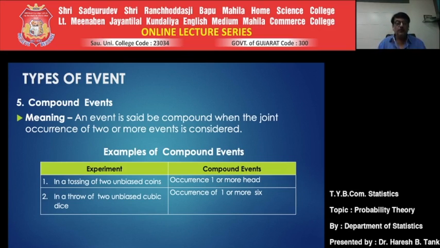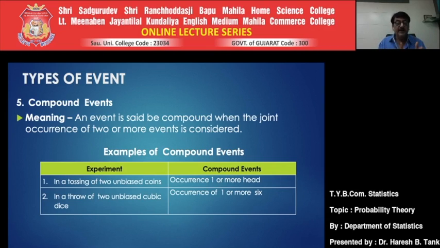In a throw of two unbiased cubic dice, occurrence of one or more 6. Again, the phrase used is one or more 6. Two unbiased cubic dice are thrown, so there are more possibilities.